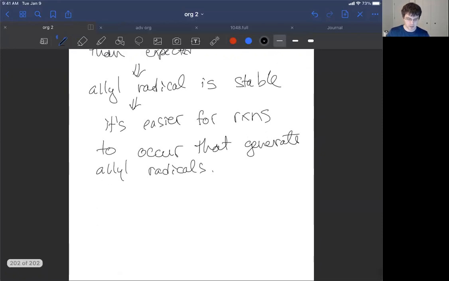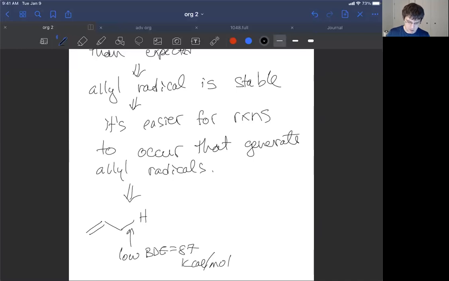All right. And what that means is that we have a low BDE. What was that BDE again? 87 kcals for every mole of this structure that we have. And so we could pump in some energy to this, do a homolysis reaction, and we'll generate a molecule that has no choice but to be depicted by one resonance structure.